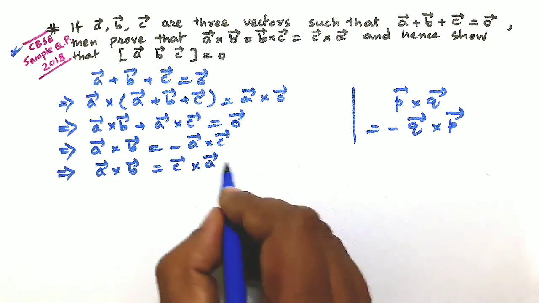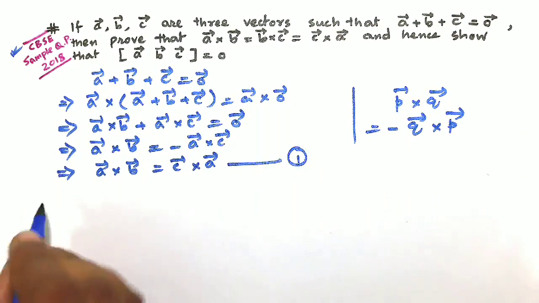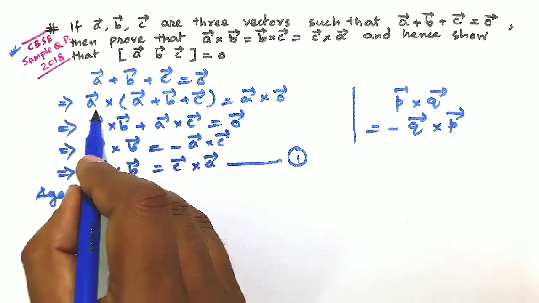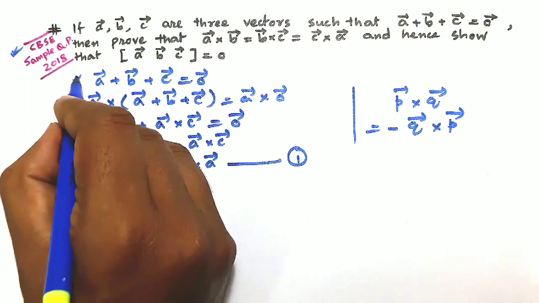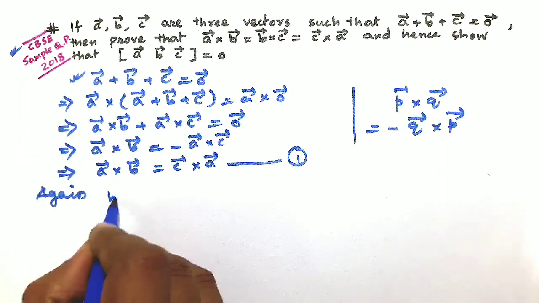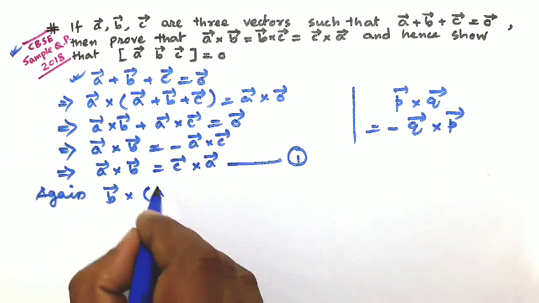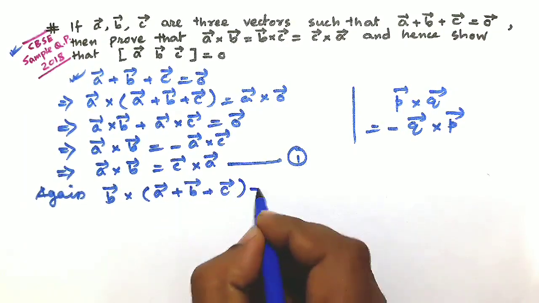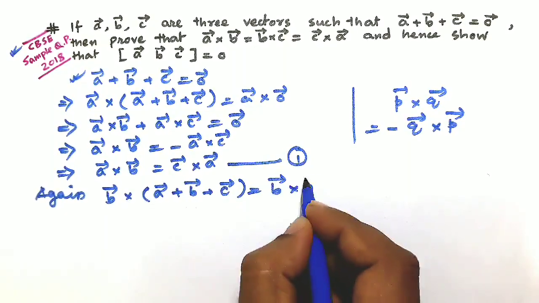Mark it 1. Next again we cross multiply b vector to both sides of the given condition. So friends, b vector cross a vector plus b vector plus c vector is equal to b vector cross 0 vector.